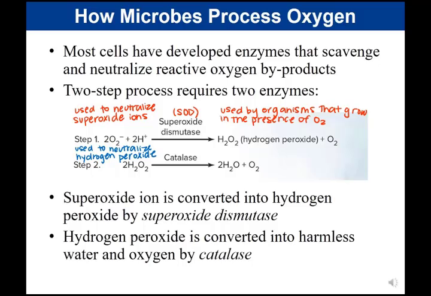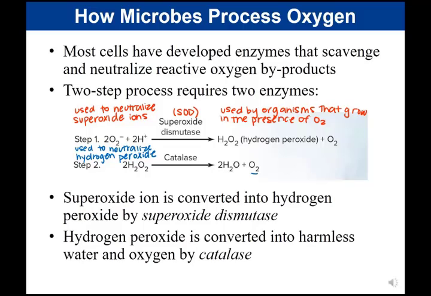It's going to take that hydrogen peroxide and neutralize it, and the products are going to be water and O2 gas. So notice that in this case, we form more O2 gas.